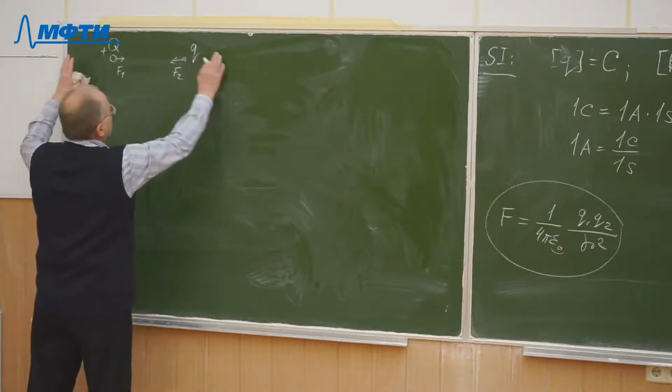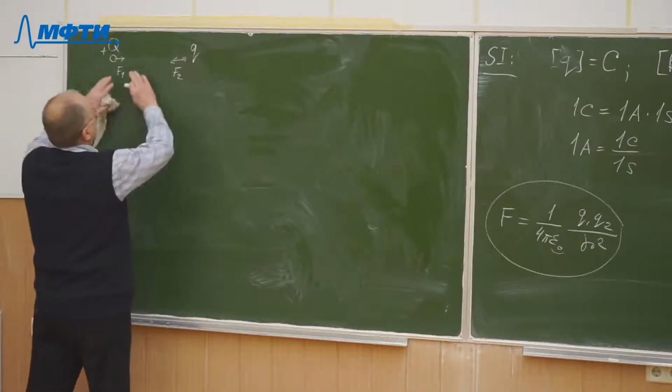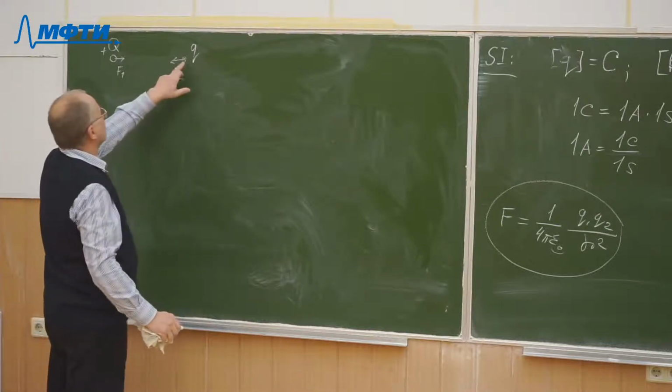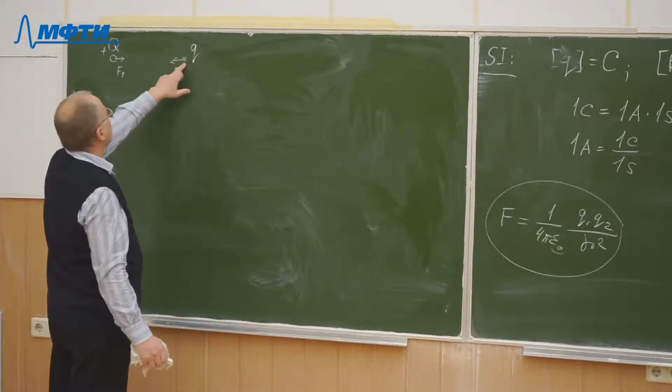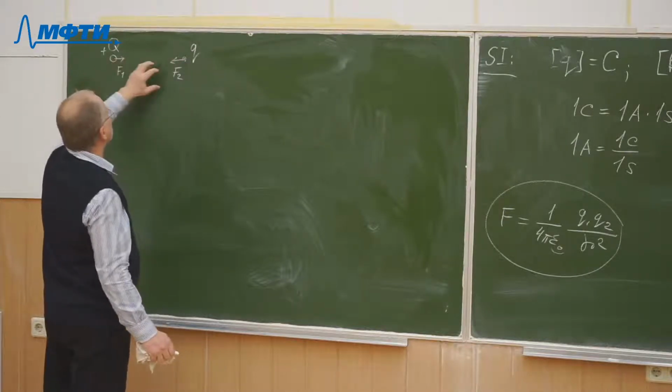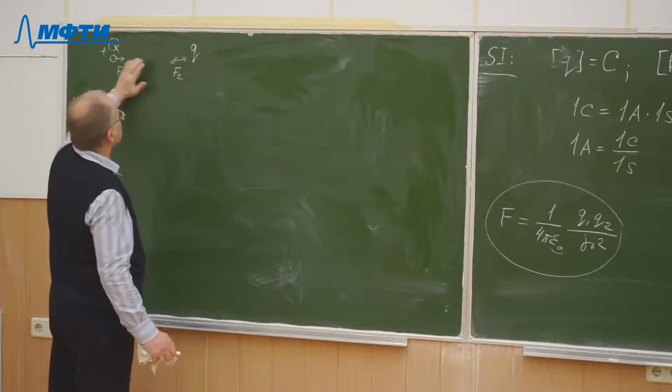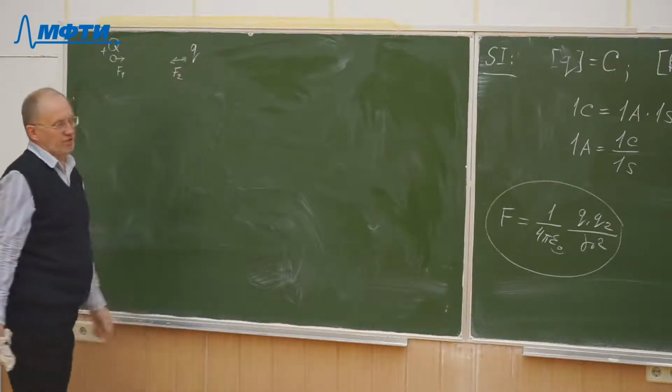If we are in vacuum, absolute emptiness, then how does this charge know that it must be acted upon by some force from another charge? If there is absolute emptiness here, how is this interaction transmitted from one charge to another charge?